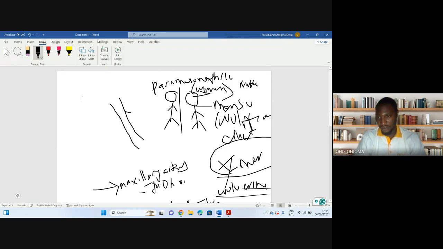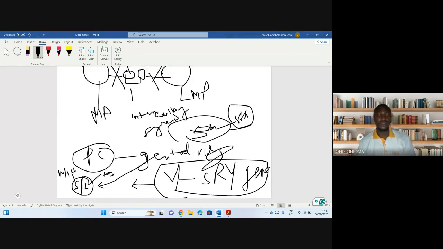And so let's go back to this thing. I was trying to say that the Mullerian inhibiting hormone goes and tells the Mullerian duct, you know what, I don't want you guys to form. The Mullerian duct, which is the paramesonephric duct, gives rise to the internal genitalia of the female.